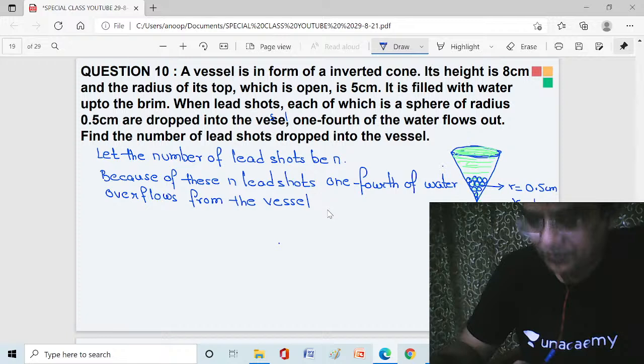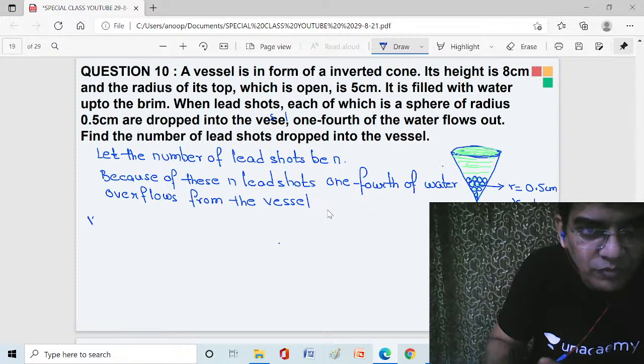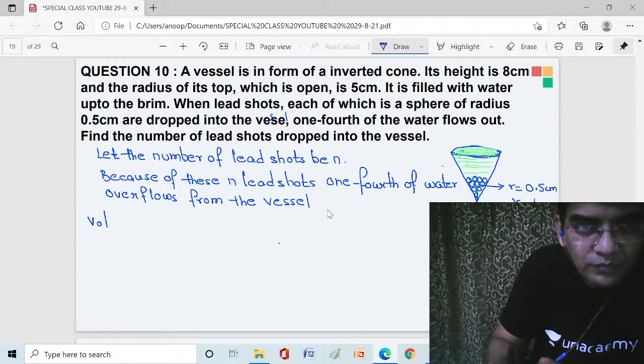So let's see. First of all, we will find volume of these n lead shots. So volume of a lead shot, that is volume of a sphere, that will be 4 upon 3 pi r cube.